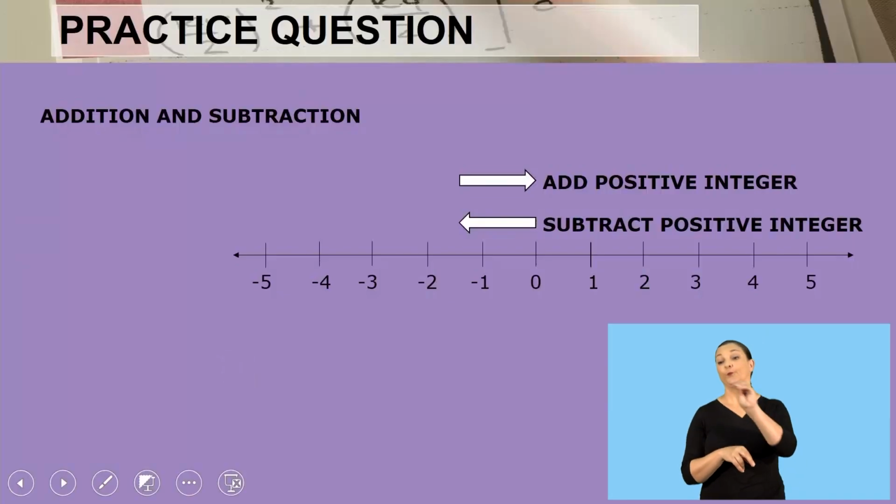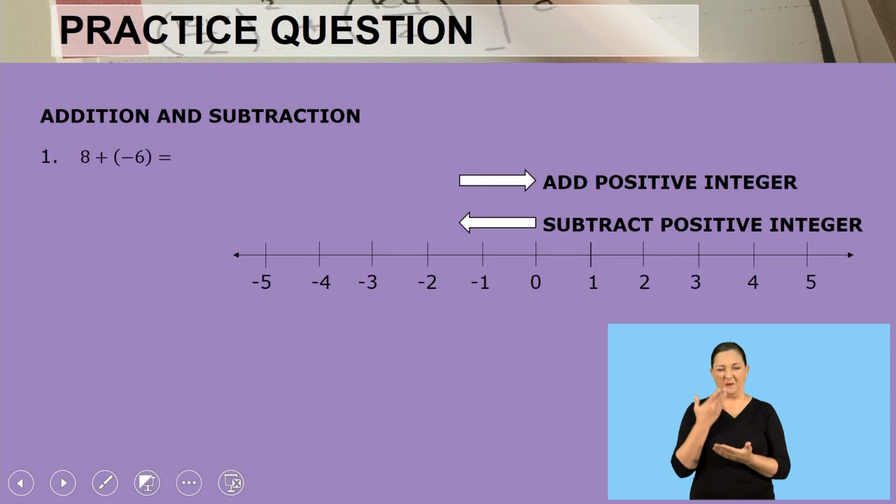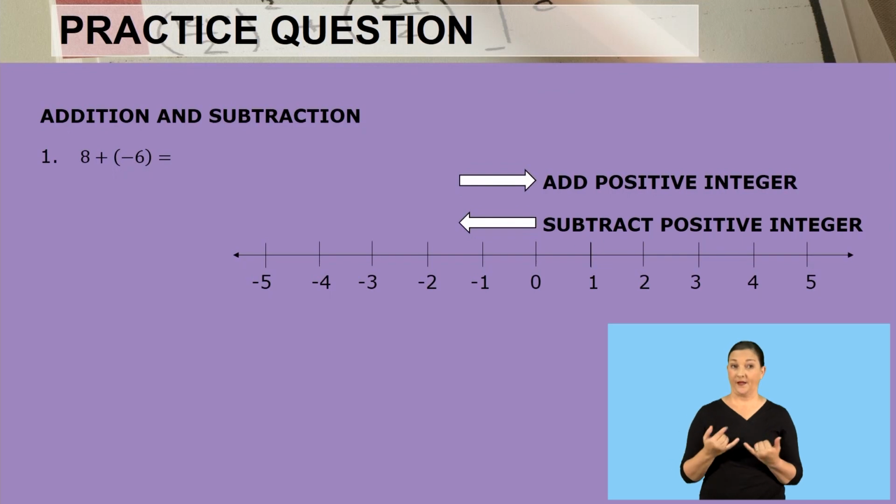But let's look at this practically, and then we can see how it works. So now for number one, I have 8 plus a negative 6. So remember, when I am adding a positive number and a negative number, the answer will be the same sign as the one that is furthest away from 0. And in this case, 8 is the one that is furthest away from 0.